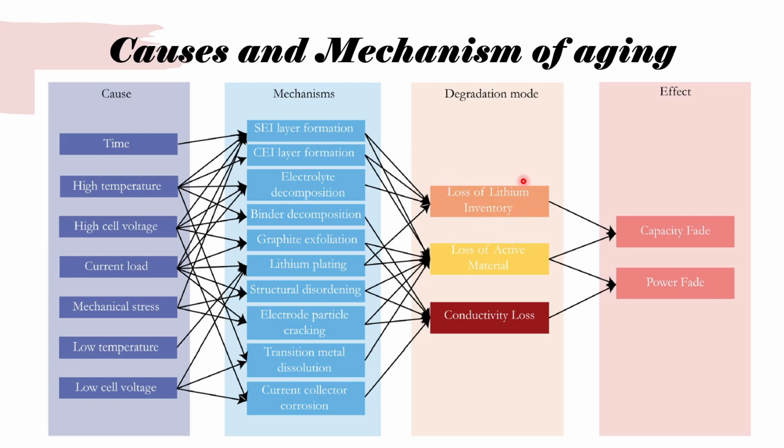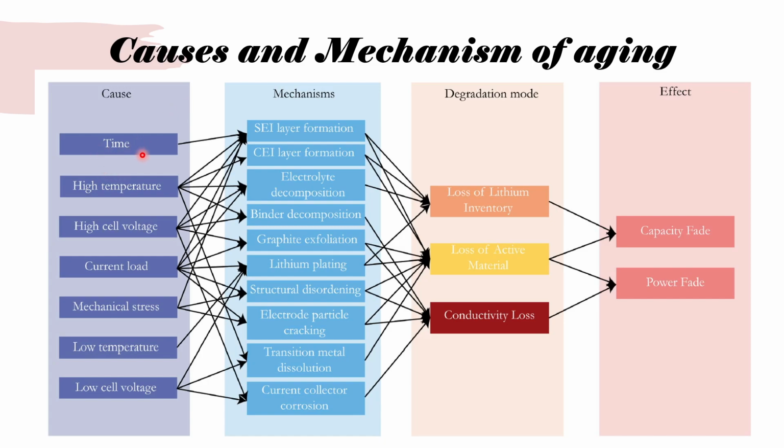So loss of lithium inventory, loss of active material, or conductivity loss, which eventually lead to an effect which can be broadly classified as capacity fade or power fade. So we'll talk about the last 3 sections separately, but let us focus on the left extreme, which is causes.